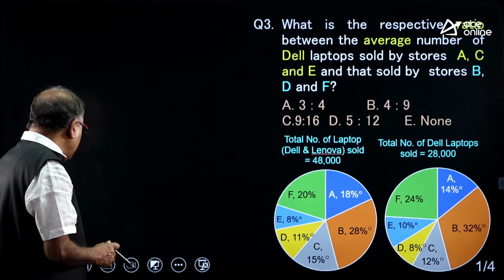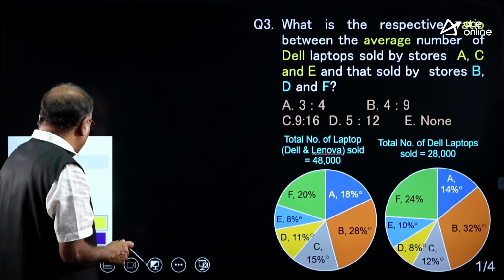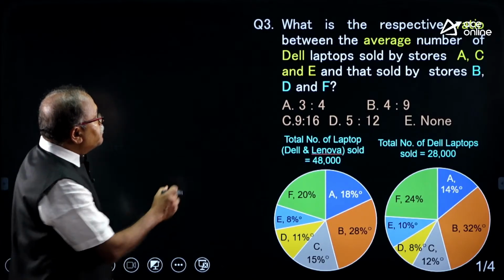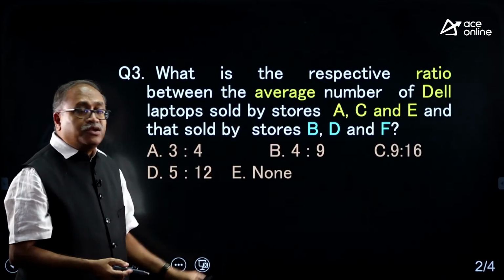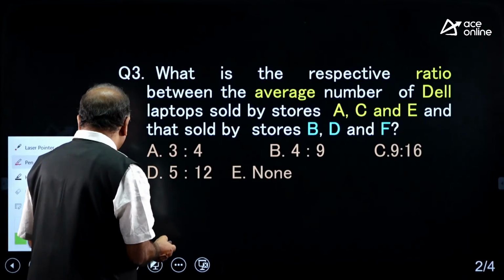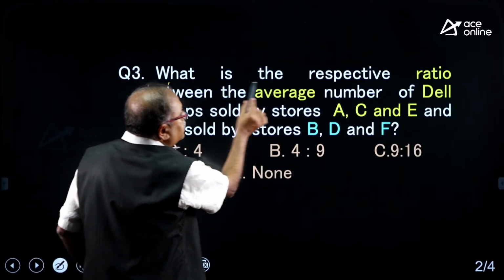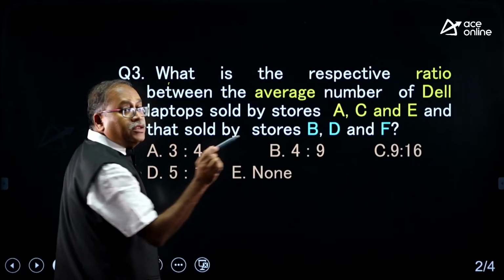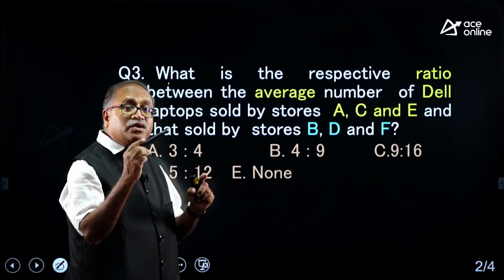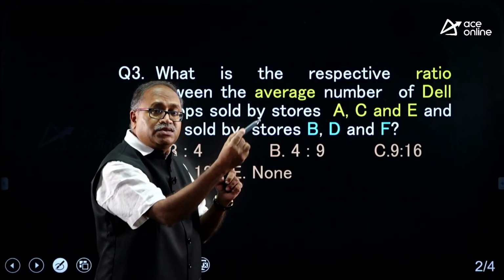Question number 3. Please work it out together. First I will read out what the question is. All of us will read out what the question is. What is this question, my dear friends? What is the respective ratio? Again, it is a ratio. So, I can work out with the base ratio, which is 12:7.